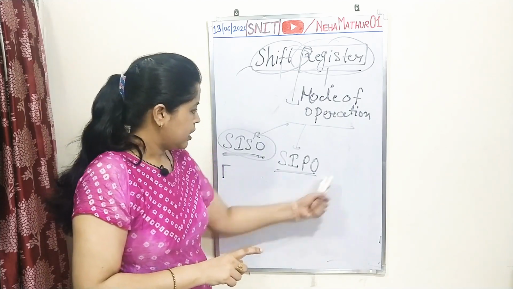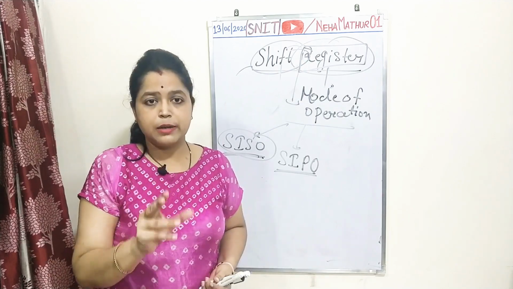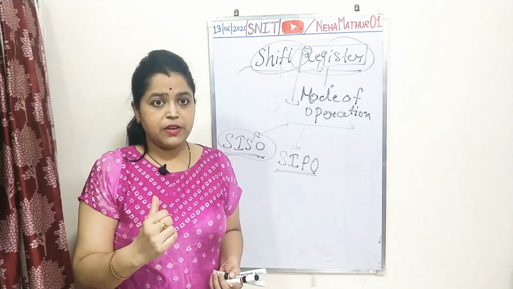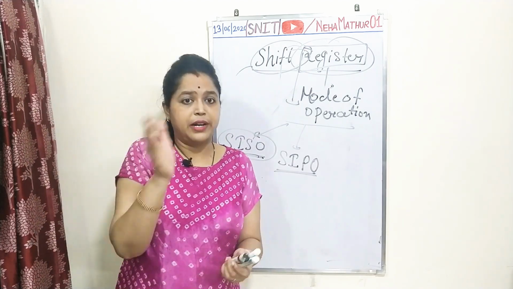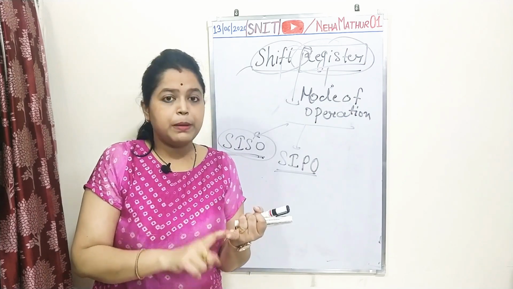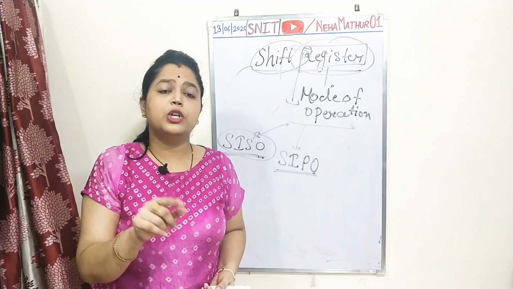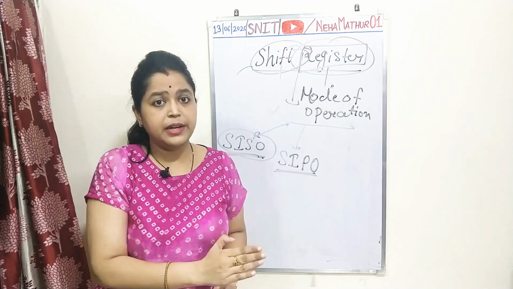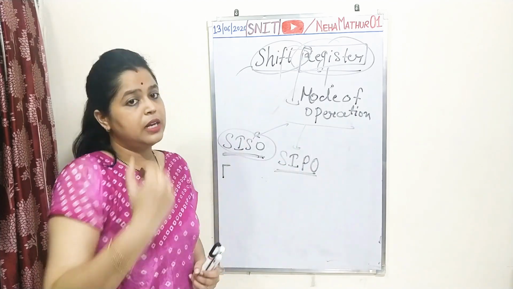In all the modes of operation I specified unidirectional, that means we shift and store our data from left to right. In SISO, PIPO and all categories of the register, we shift our data from left to right, but the same mechanism is possible from right to left.